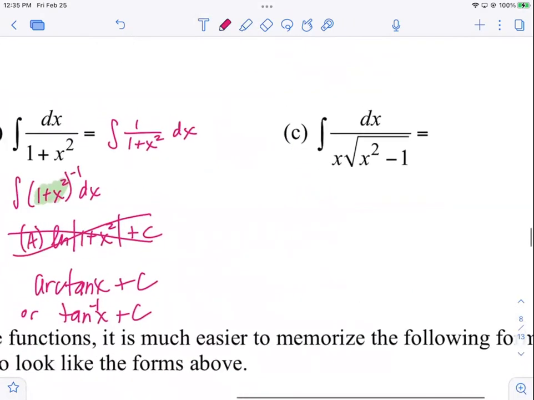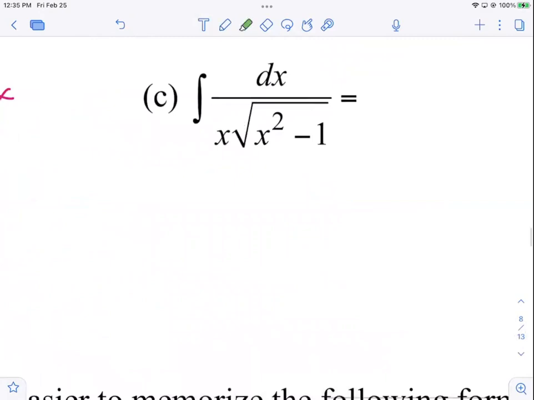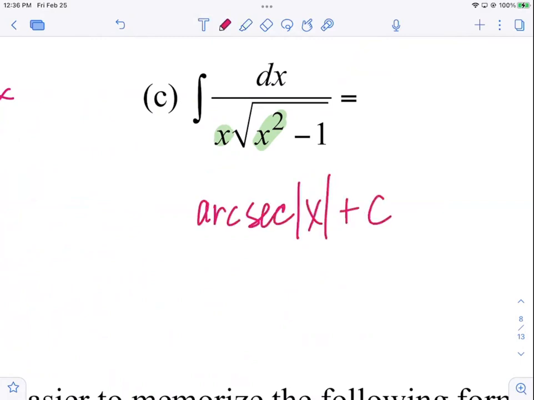And then this guy that we don't see that often, he's kind of higher maintenance. He is function minus 1 under the radical instead of 1 minus function. And he also has an x out front. This one, remember, is arc secant of the absolute value of x or inverse secant.